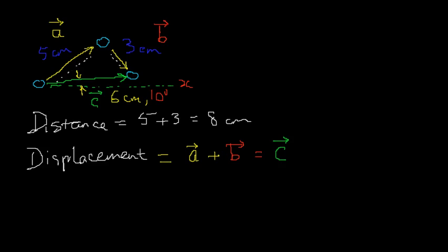I'll just write below: C with an arrow is, I'm going to describe it, 6 centimeters and 10 degrees to the x-axis, which is that one there.